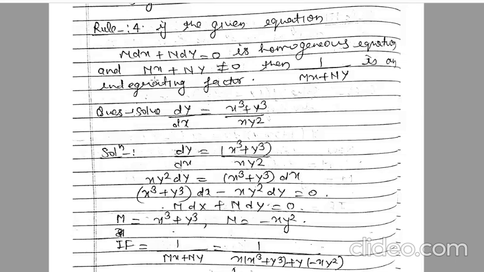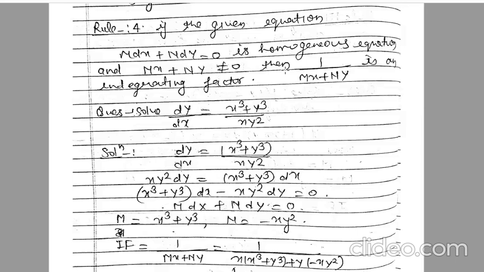And another condition is Mx plus Ny does not equal 0, then 1 upon Mx plus Ny is an integrating factor. If your equation is homogeneous and Mx plus Ny does not equal 0, then 1 upon Mx plus Ny is your integrating factor, right?